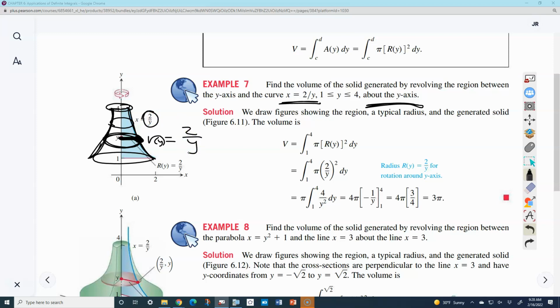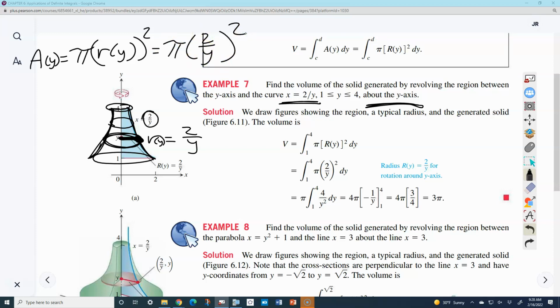So then the area as a function of y is equal to pi times r as a function of y squared, which in this case is equal to pi times 2 over y squared. And I'm integrating that along. Notice this thing is not marching along the x-axis.